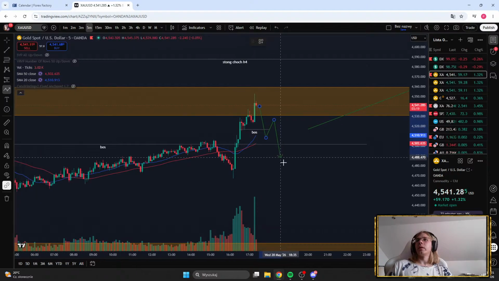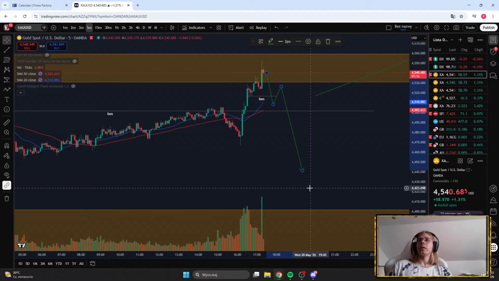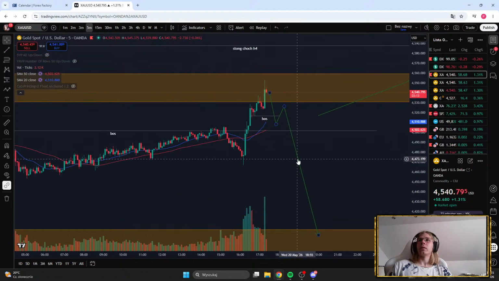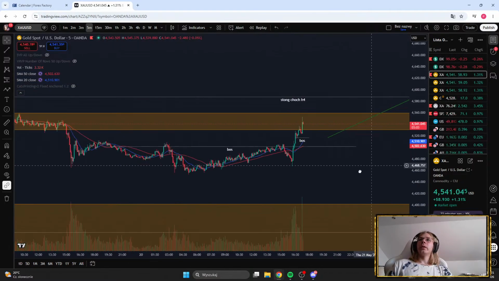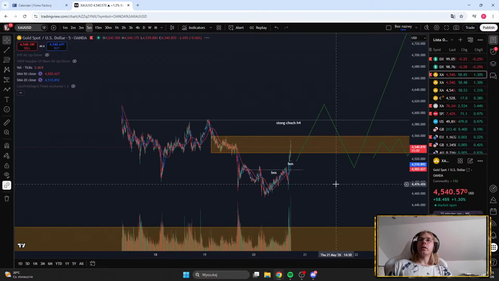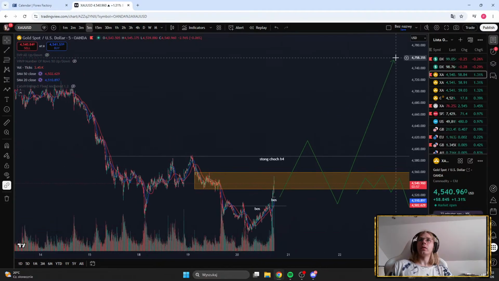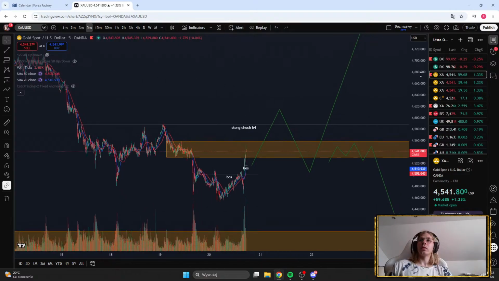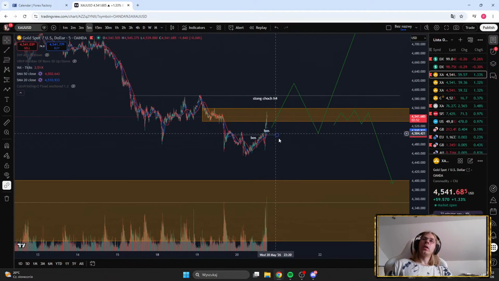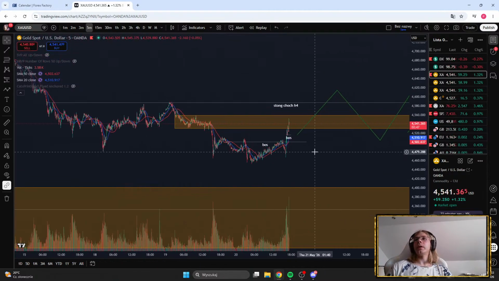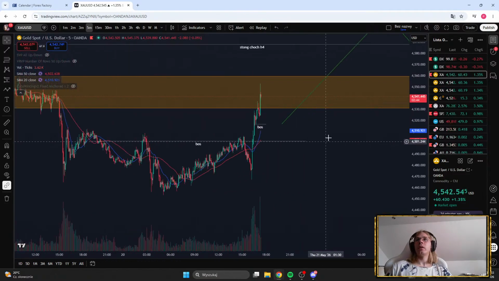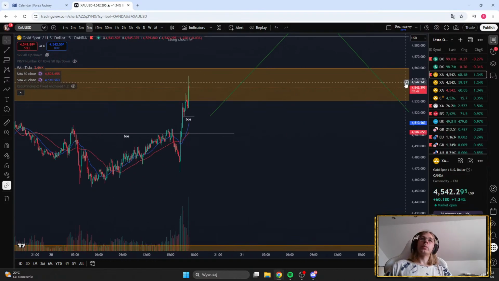For sells, break of structure here, slight pullback, and continuation to the downside. I'm not selling it. I'm still waiting for swing on gold. If gold going lower, yeah, I have this zone. But for now, I'm sitting on my hands. If you are a seller, you can look for your setup here.